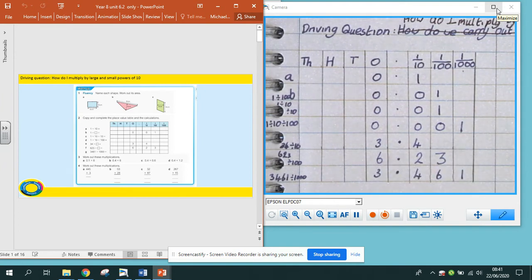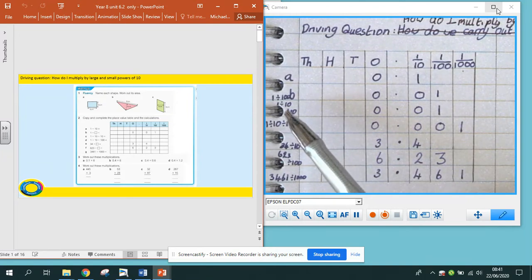So now my next question, I've produced my own copy of the place value table, including the questions. The questions, I'm sorry, are a little bit difficult to read, but we'll go through this quickly. A is 1/10. B, which is 1 divided by 100, is 0.01.